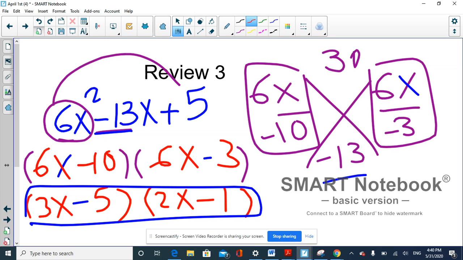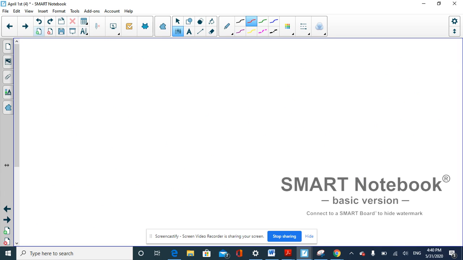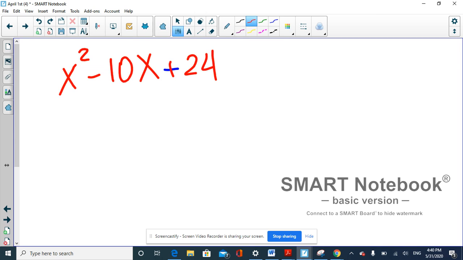Let's see another example. Factor x squared minus 10x plus 24. I think this is easier than the first one because the coefficient of x squared here is 1. If you don't have any number, that means you have 1.